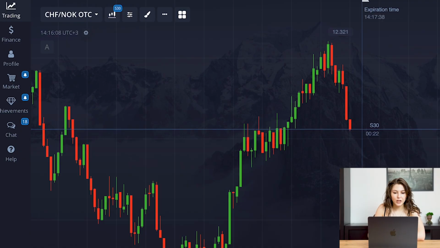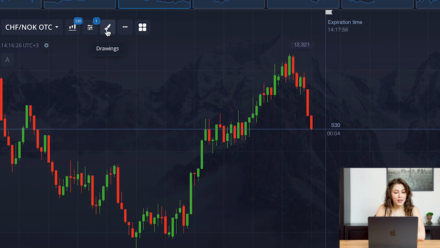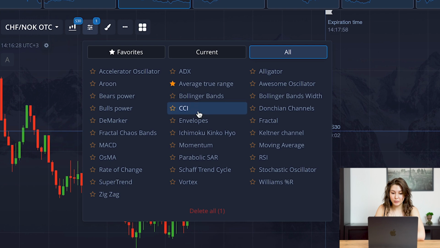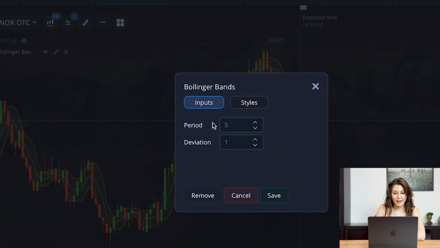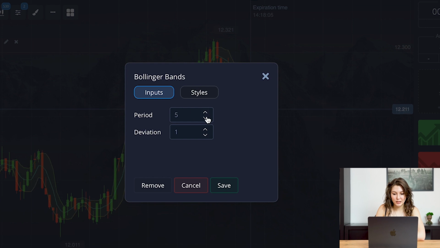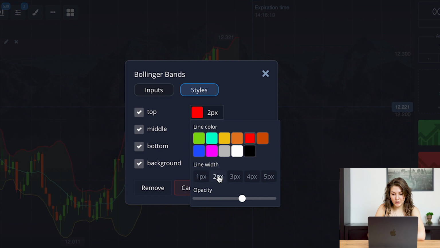So we already chose the assets, and let's choose the indicator for today. I like the Average True Range very much. Also, let's choose the Bollinger Bands and change the style. It's going to be 10 and 2 right here, and we're going to put it like this.